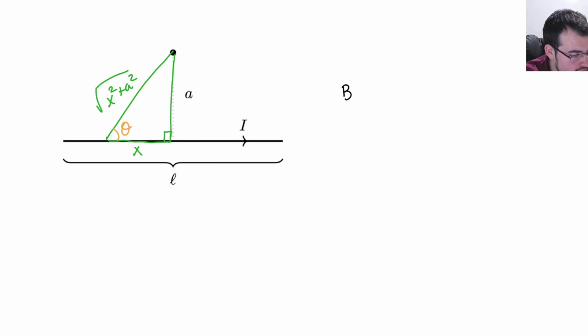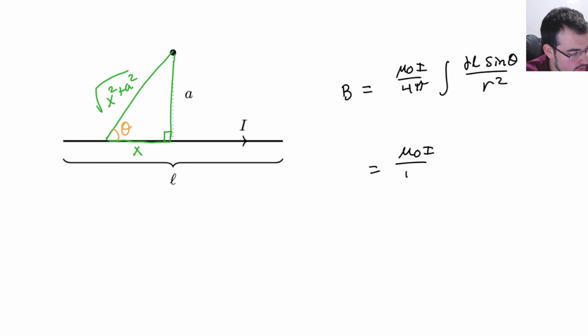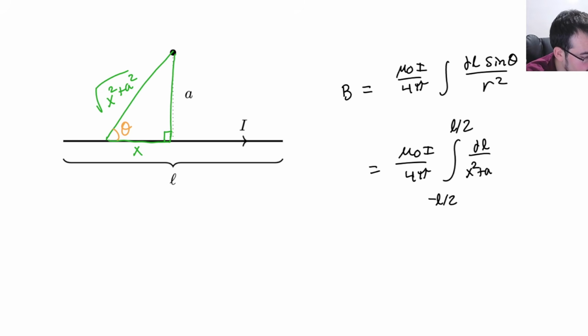So I can say that B is equal to mu naught I over 4 pi times the integral of dl sine theta over r squared. X can be half of the wire in one direction or half the wire in the other. R squared is just the square of the hypotenuse.